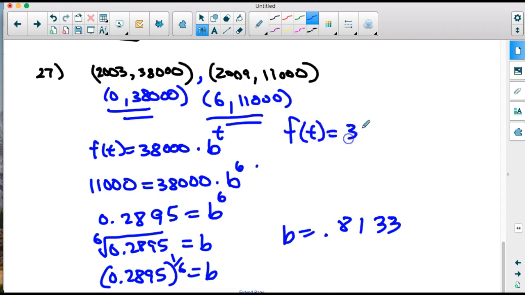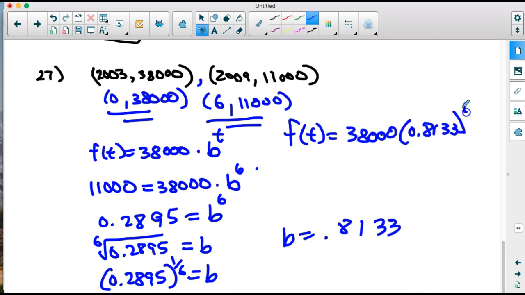Okay, so my equation is f of t equals 38,000 times 0.8133 to the t power. Now, this is going to tell us what our decaying rate is. If we go 1 minus 0.8133, we're going to get 0.1867.